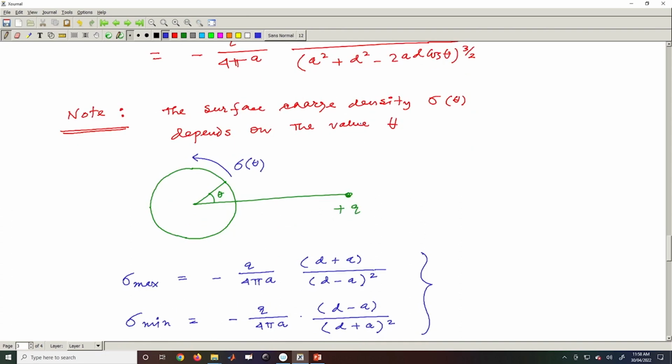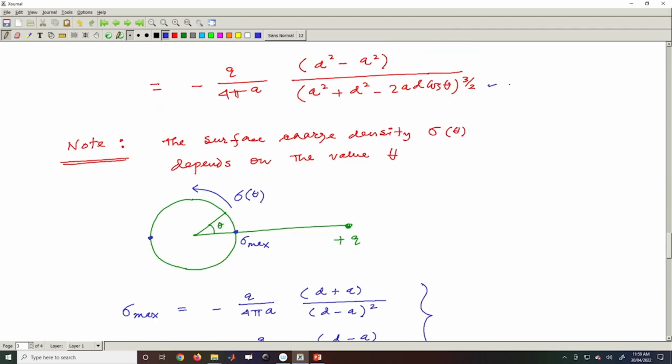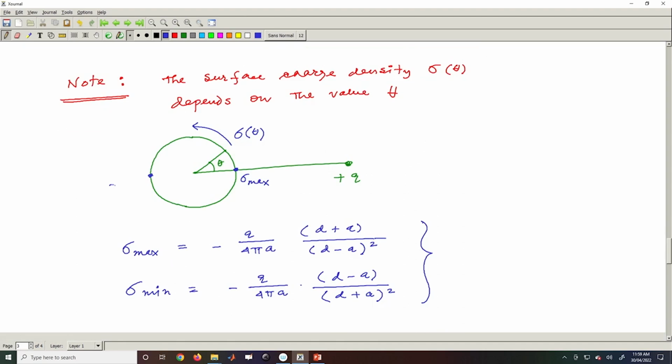So that means the induced charge is going to be maximized when we have the point here. This is the point we have maximum, and this is the point when theta is equal to pi, then cos theta will be minus 1, and the denominator will be a plus d to the power 3 by 2 here, this point. So that gives me the minimum point here, the minimum distribution.